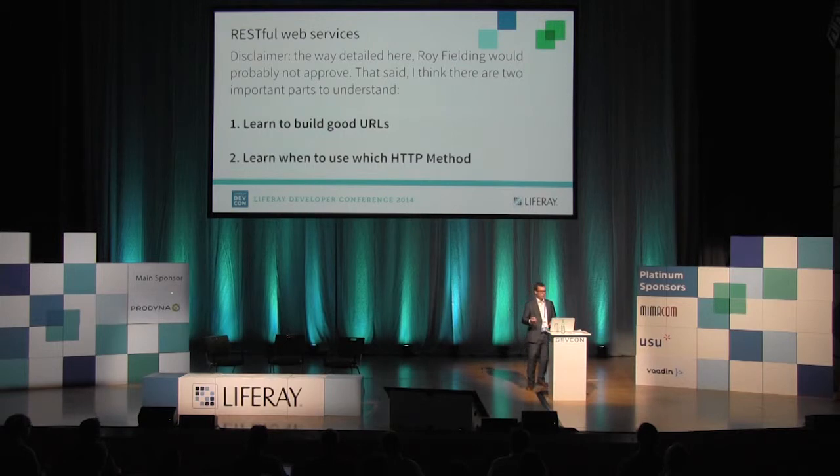I'm just concentrating on the 2 points I think are most important to build a good REST API, and that is, first of all, learn to build good URLs, resource identifiers, and second, learn when to use which HTTP method to access, or to give that URL some meaning.